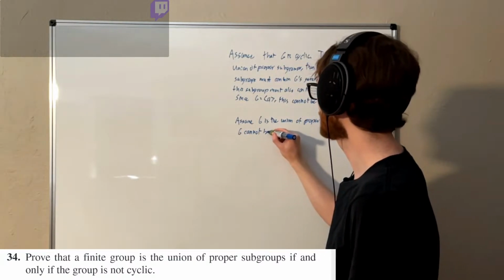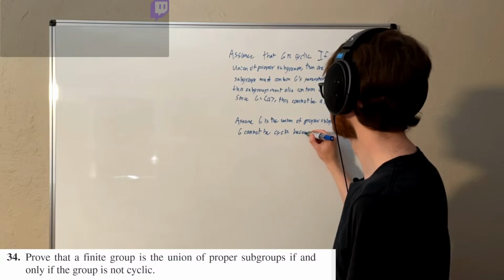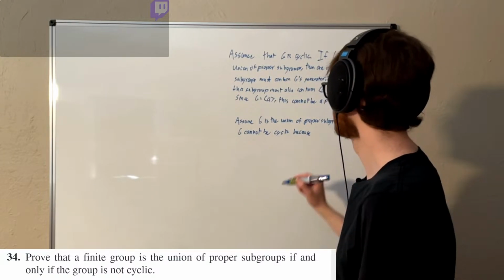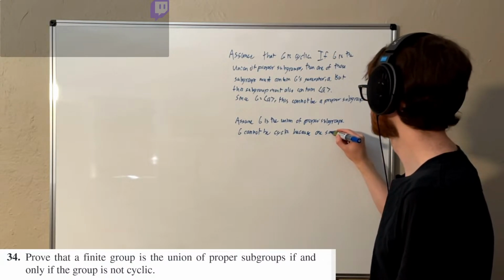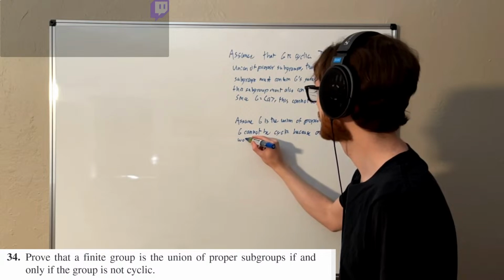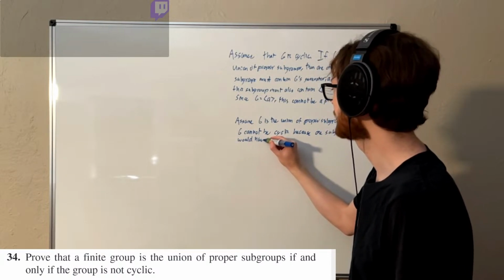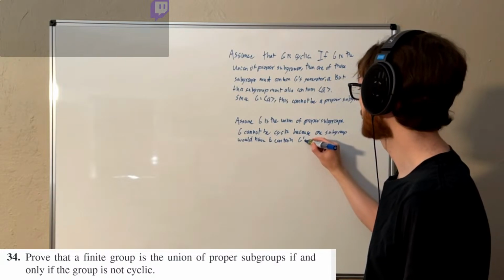G cannot be cyclic. One subgroup would have to contain G's generator.